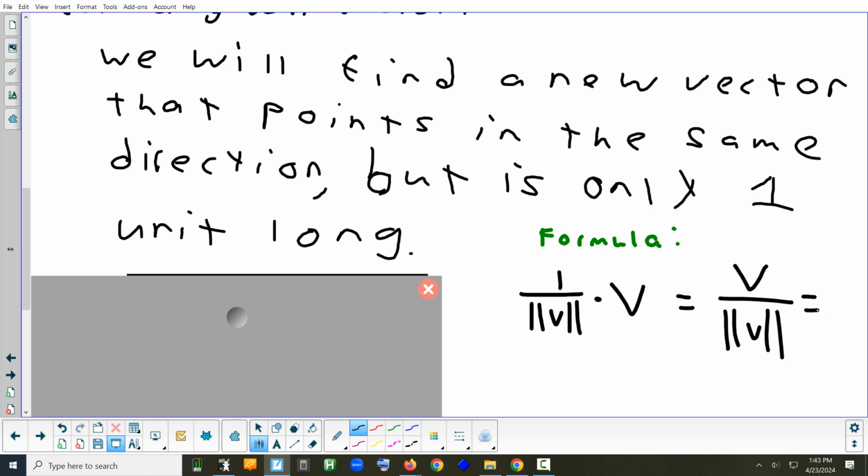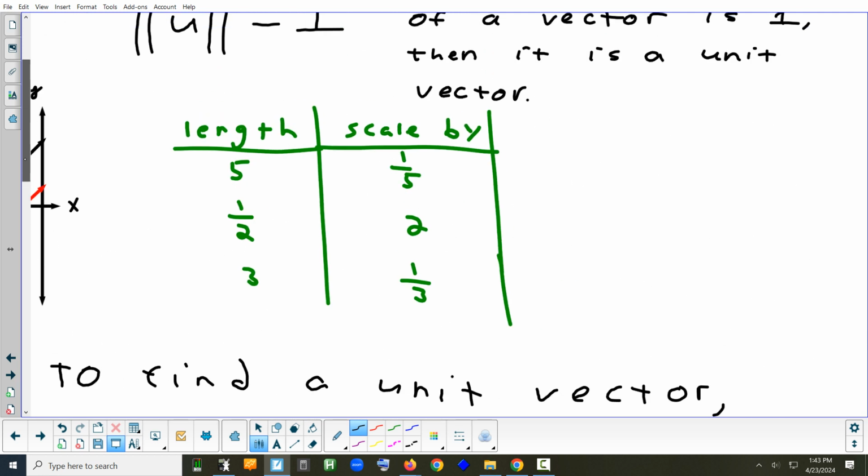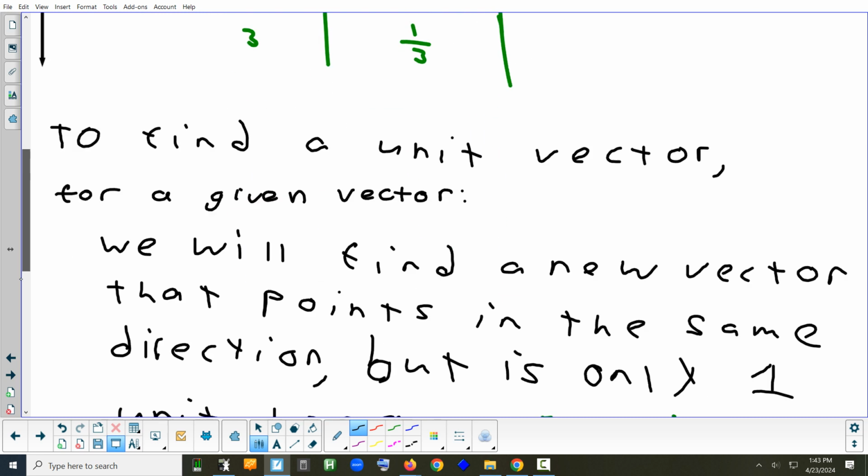And that will always give you a unit vector. If you take a vector and scale it by the reciprocal of its length. That's the key. It has to be the reciprocal. And I think most people notice that from the pattern up there.